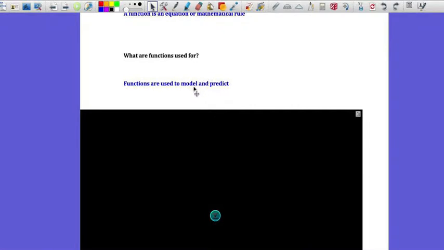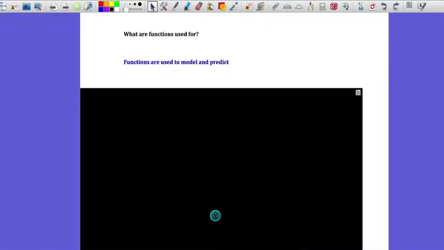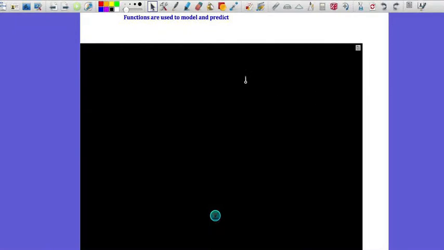What I'm talking about is mathematical models. Again, like the one I referred to above, this is a linear model or a linear equation, and it allows us to make predictions. And the idea of a model is that it is something that reflects what happens in reality, in real life.